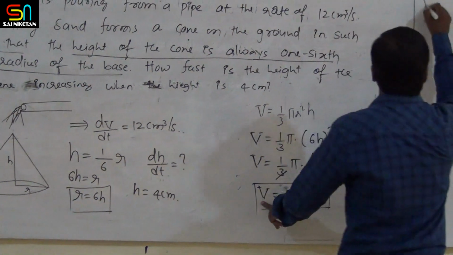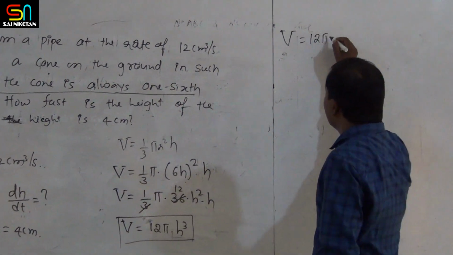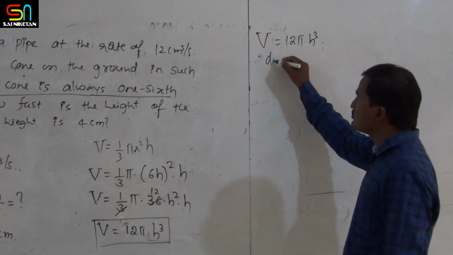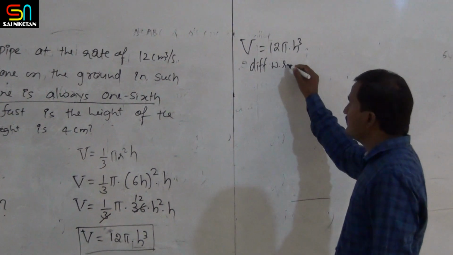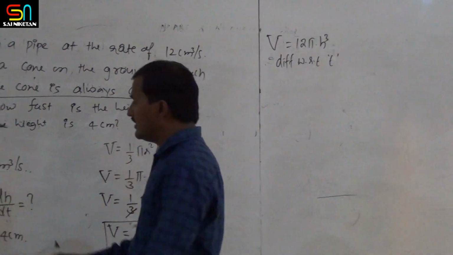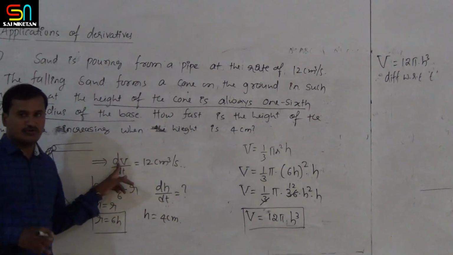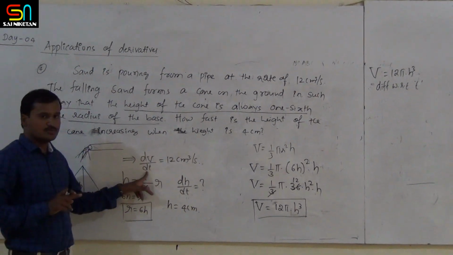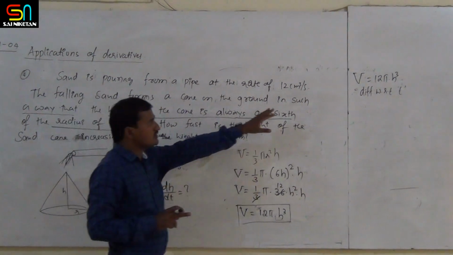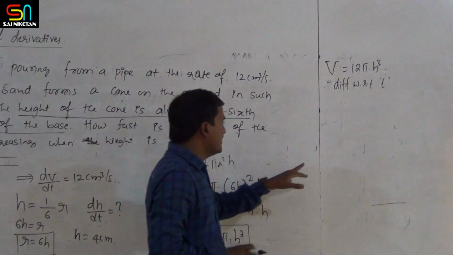Now what is the volume? The volume is equal to 12 pi into h cubed. Now I will differentiate this one with respect to t, because what they have given here is dv by dt. dv by dt is the rate of change of volume of the cone with respect to time. If you differentiate V is equal to 12 pi h cubed, you get dh by dt.